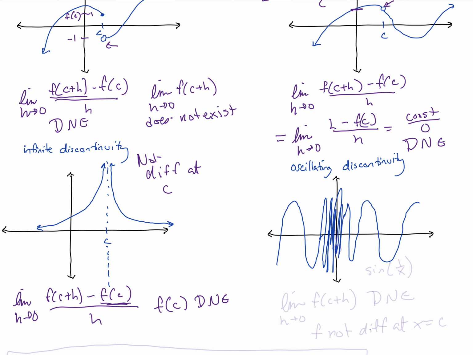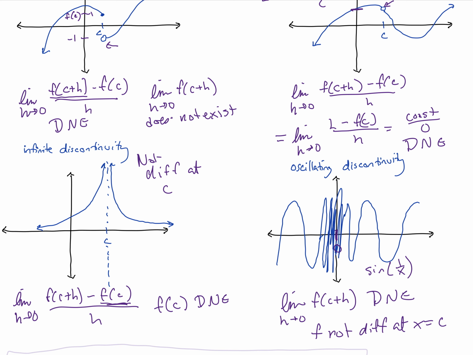And similarly, if we have an oscillating discontinuity, like sine of 1 over x was an example like this. That doesn't happen that often. But in that case, the limit as h goes to 0 of f of c plus h does not exist. And so therefore, f is not differentiable at x equals c. In this case, it would be x equals 0.